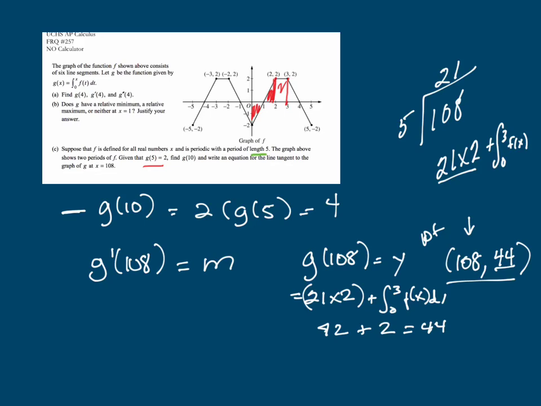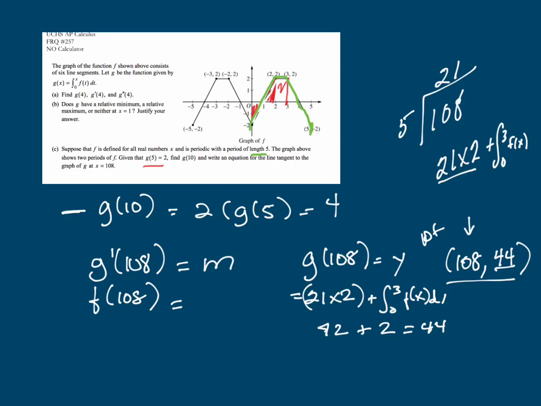And now g prime of 108. So how do you figure out g prime of 108? So you would just do f of 108, right? And f of 108, okay, see how this is f? Let me do it in green. This is f. So if it keeps repeating itself, f is at -2 at 5, right?